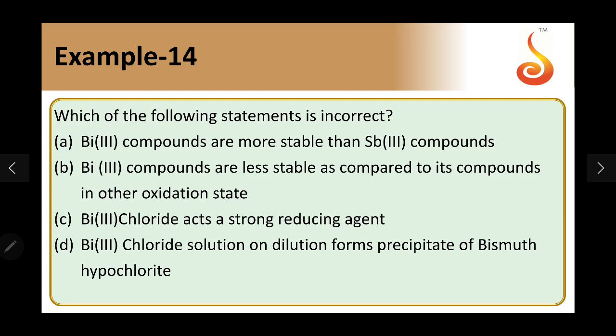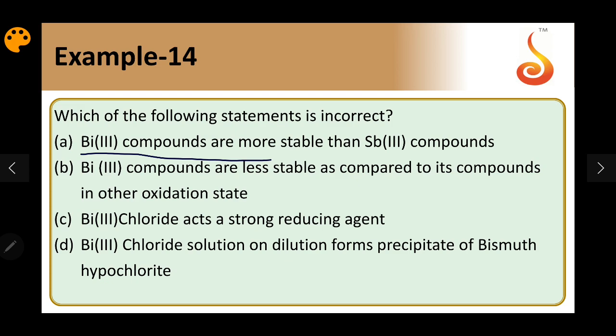The last element will have higher stability for the lower oxidation state. So bismuth 3+ compounds are definitely more stable compared to Sb3+ compounds. Bismuth +3 is more stable than Sb +3. So this is a correct statement.